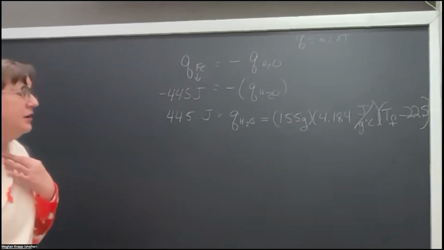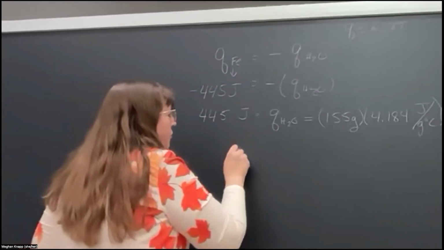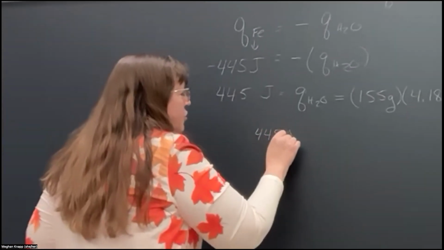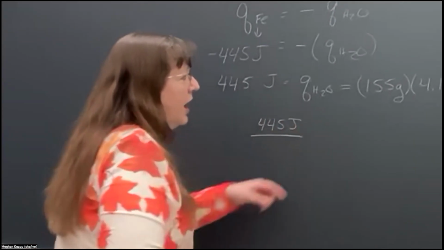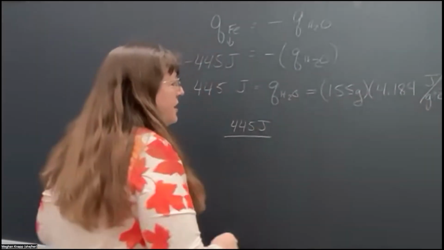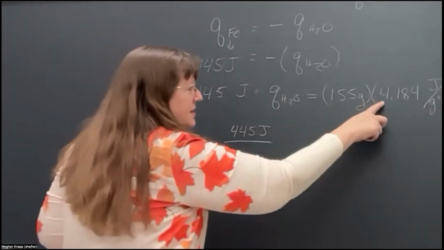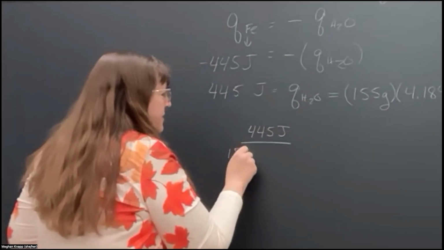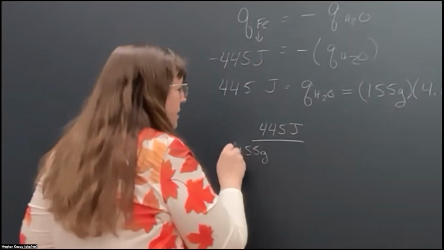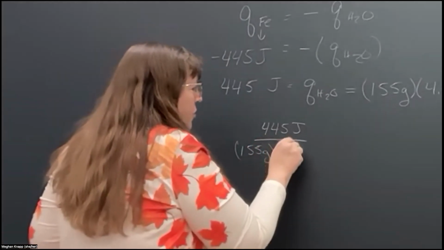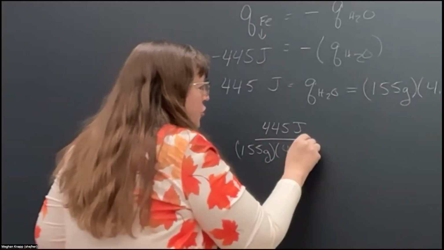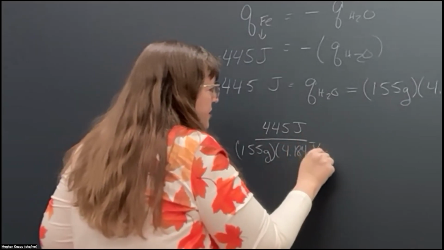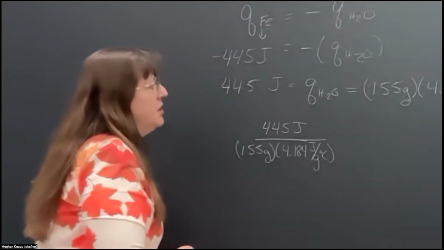All right. So we've got 445 joules. I want to get that temperature by itself. So I'm going to divide by this and this: 155 grams and 4.184 joules per gram degrees Celsius, right?